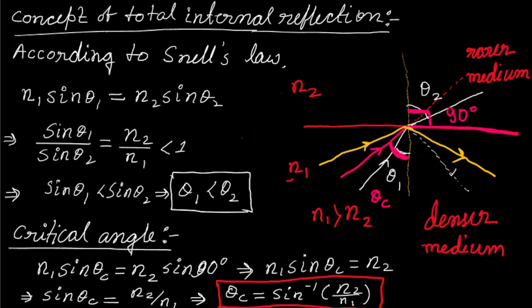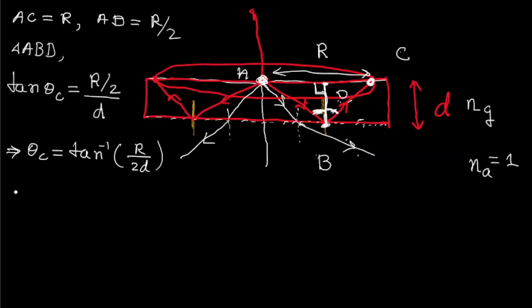So if we use this definition here, we also know sine theta c is equal to the refractive index of the rarer medium divided by the refractive index of the denser medium.